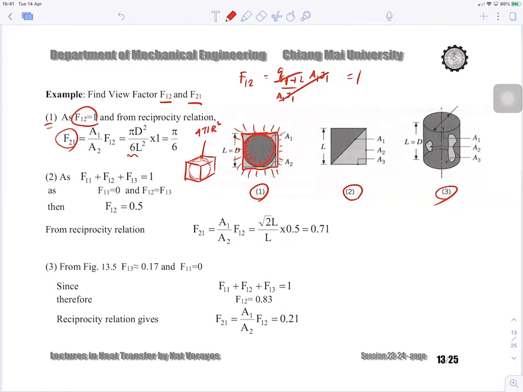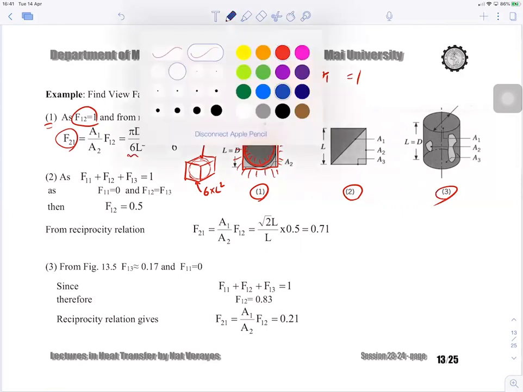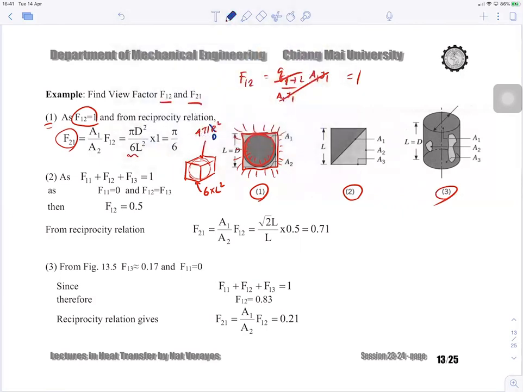And the inner side, the area of the cube is going to be 6, because it has 6 faces, multiplied by r squared. And r over here is equal to d over 2. Okay, so that's the first problem.